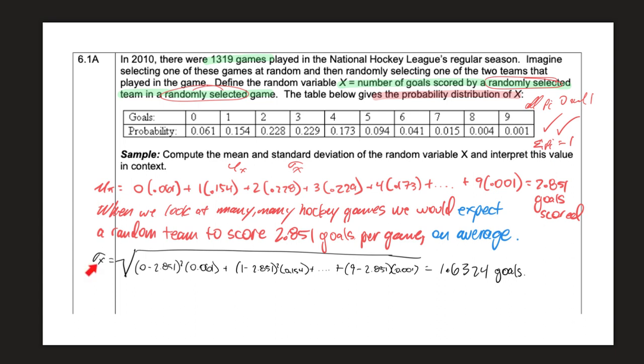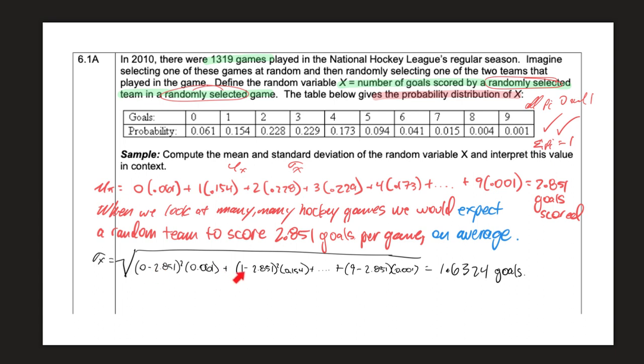Next up, standard deviation. So here I have sigma x, our standard deviation of x, and x is our number of goals scored by a random team in a random game. So here I have 0 goals minus the expected number of goals, and then I square that, and I'm multiplying it times the probability that this is the difference. 0 is the difference from the mean.